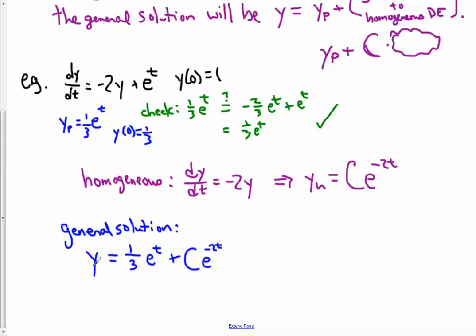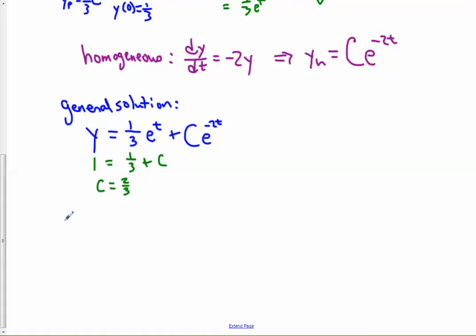And I claim that that's the general solution for this differential equation. And now I have a c that can be used to get any initial condition. So if I want y(0) equal to 1, put a 1 in for the y, put a 0 in for the t, that'd be 1/3 plus c. Both exponentials become 1s. So it looks like c should be 2/3.